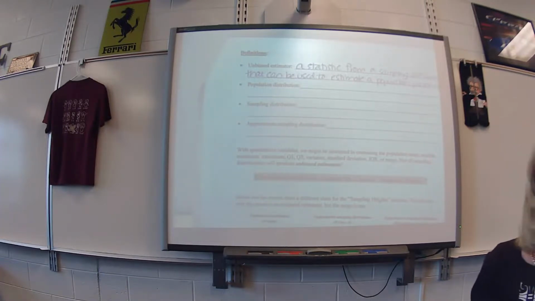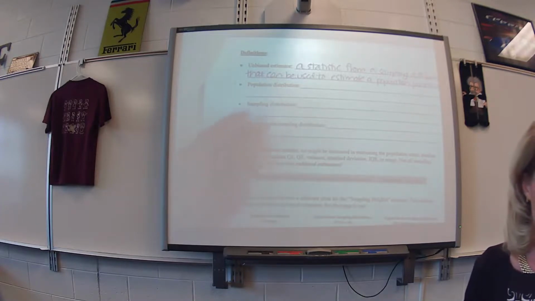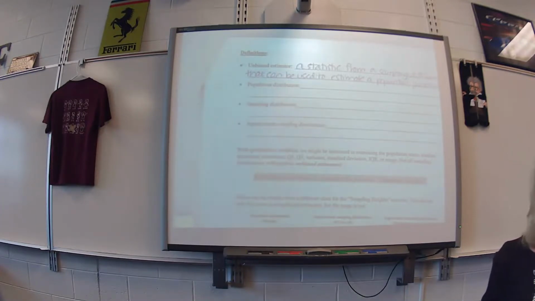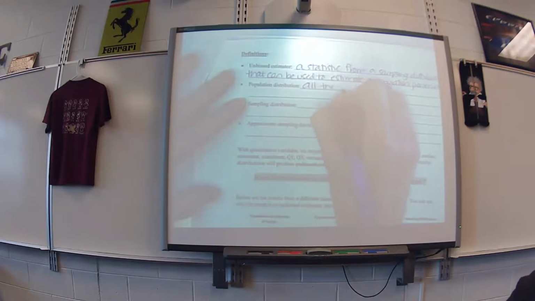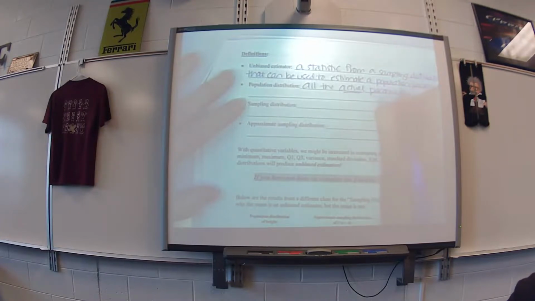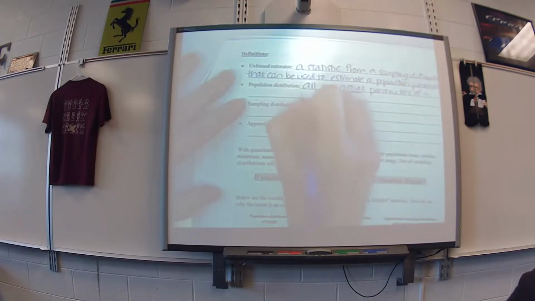All right, so what is a sampling distribution? Well, we'll get there. A population distribution, okay? The population distribution are all the actual parameters of a population.